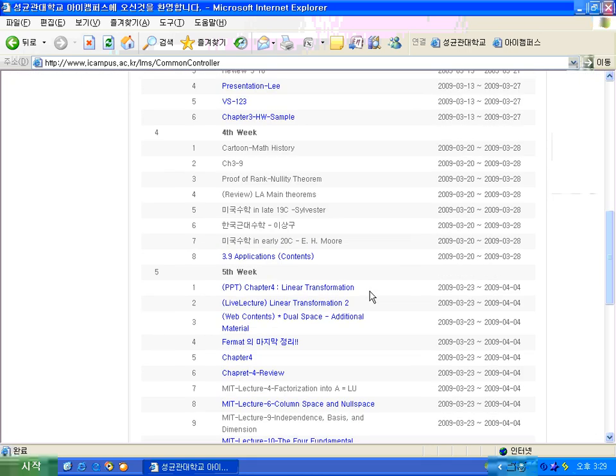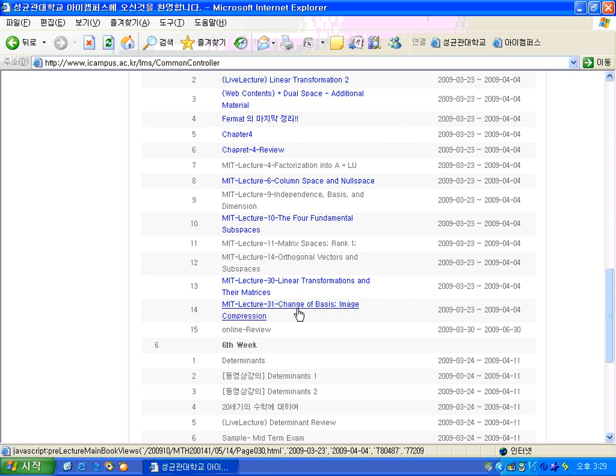I intended to upload it on lecture 31, not 30. So I'll make a change on this. And you should have the lecture on change of basis. Basically, change of basis is another version of matrix diagonalization. So that was also well covered in the elementary linear algebra course.